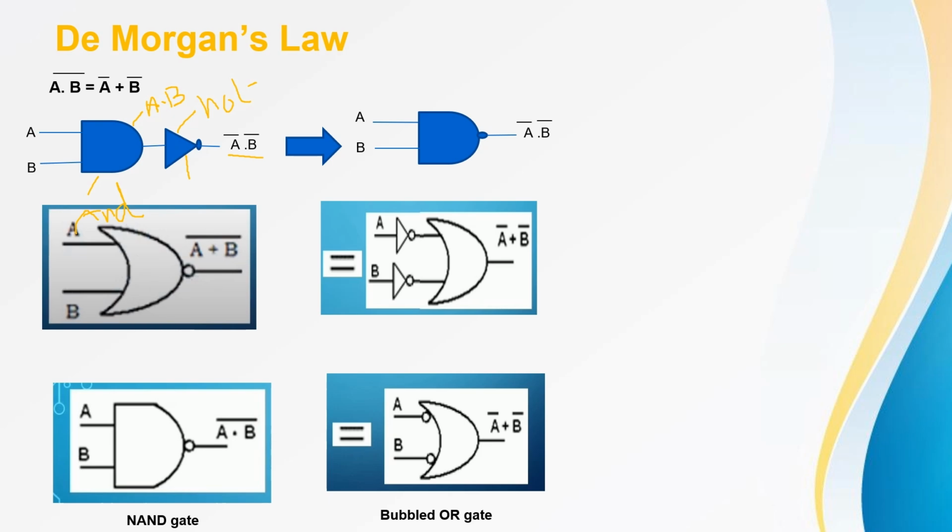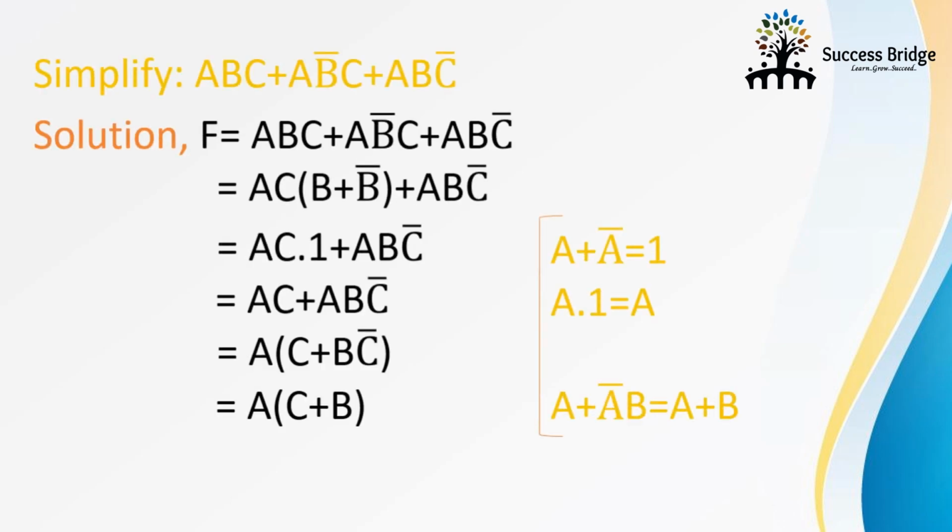Let's see one example of how we minimize our logic expression with these laws. This is the expression to simplify: abc plus a bar b bar c plus abc bar. Let's see the solution. Function f is equal to abc plus a bar b bar c plus abc bar.